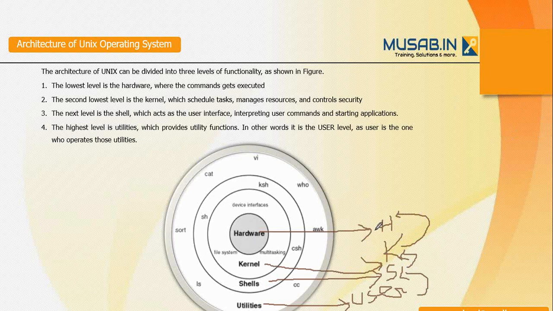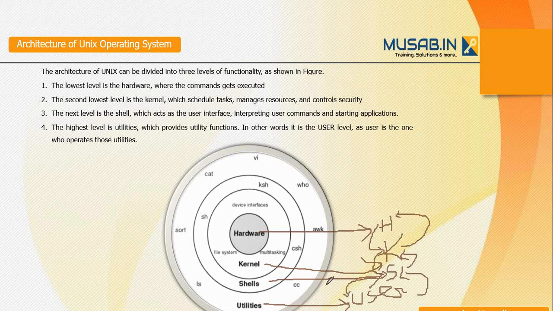Now, whatever answer hardware is giving, it would be replied back to kernel. In what language? In binary language. And once that binary answer is responded, kernel will convert it into user language, and that would be displayed on shell, and the user might be using it.